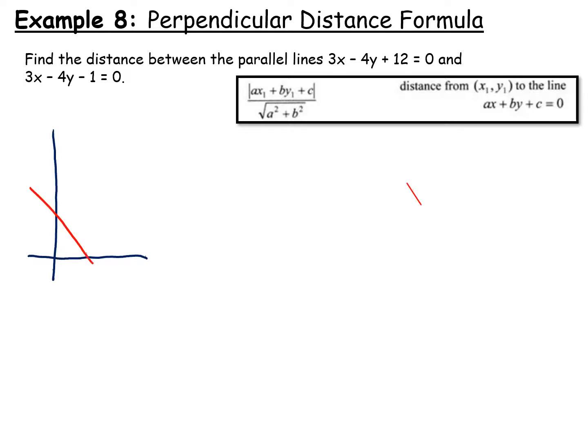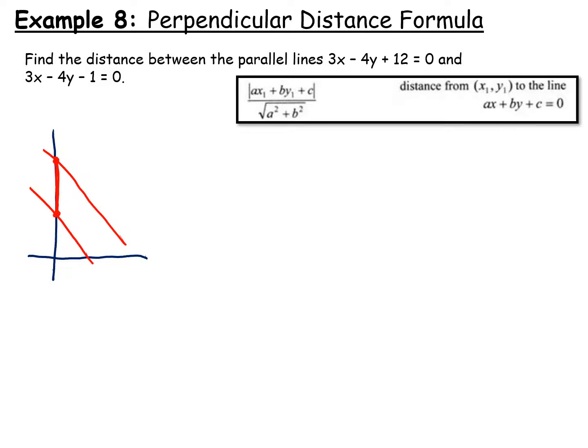I have two parallel lines here, and they say the distance between them is this vertical distance between where they cut the y-axis. Now, it wasn't clear in this question, but when they want the distance, unless they tell you otherwise, it's going to be the perpendicular or shortest distance.